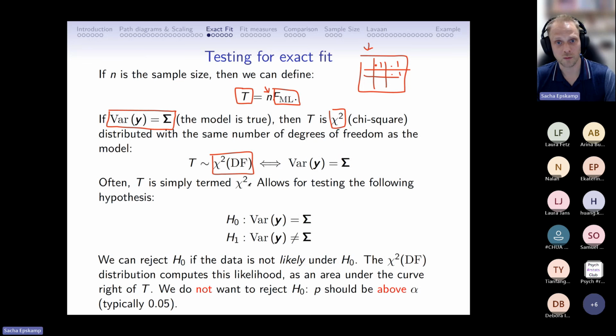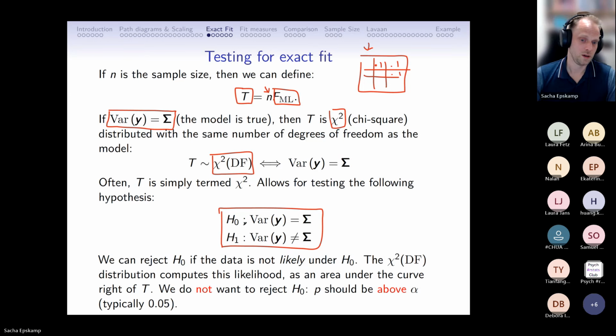Now that's a nice thing because it allows us to do hypothesis testing, if we are frequentists, but I'm going to assume we are for now. The interesting thing is that the null hypothesis here is that the observed variance in our data comes from a distribution where sigma is the true variance.